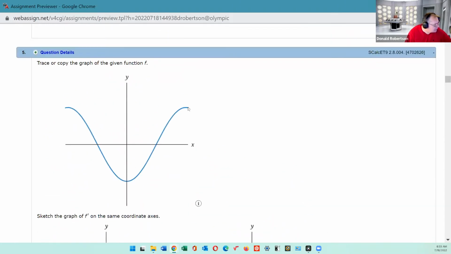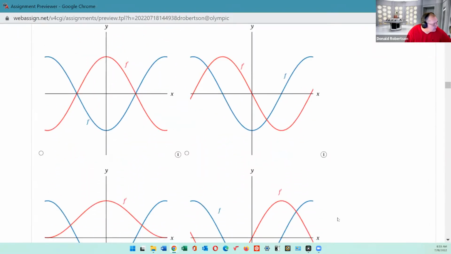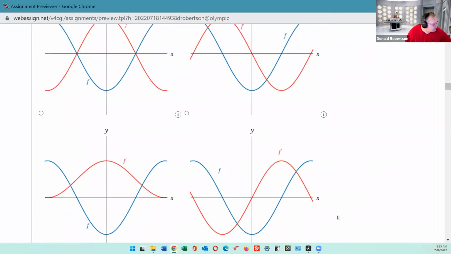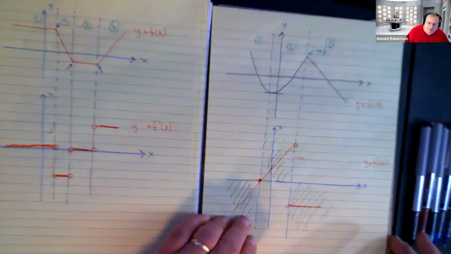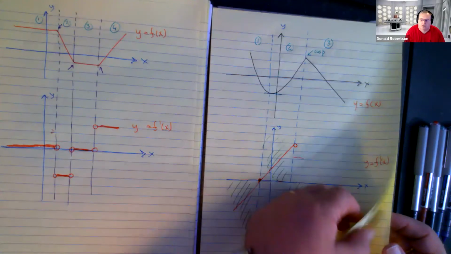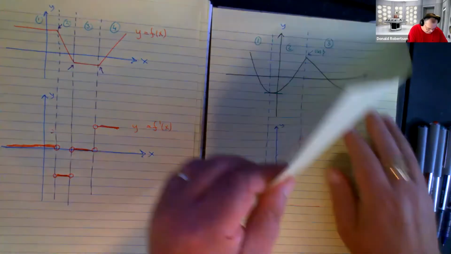You see it going like that? By the way, right at the ends, would you agree there's also a 0 derivative? So can you imagine what that shape might look like? One of those 4 is the right answer. And that is the end of how do you sketch the derivative function when all you're given is the original.